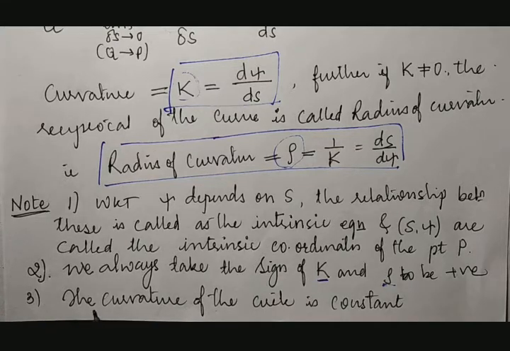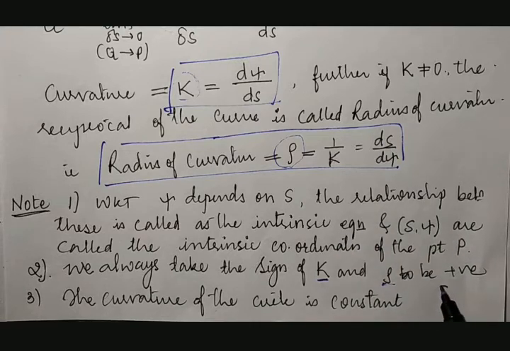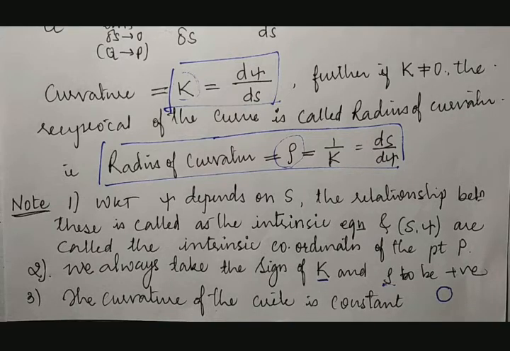Then the third very important point is that the curvature of a circle is constant. Anywhere you take the angle for this curve, it will remain the same, so the curvature of a circle is always constant.